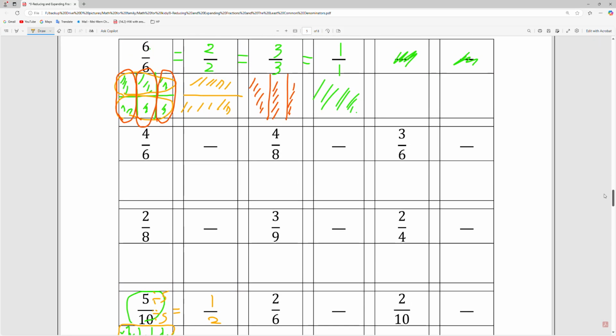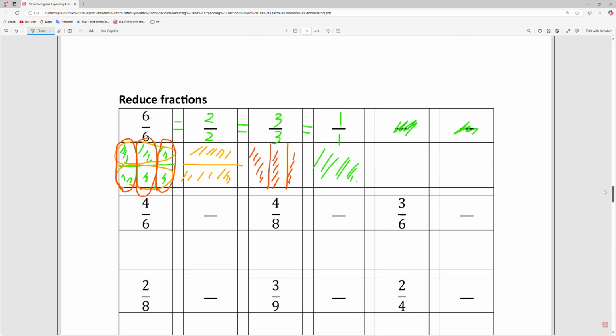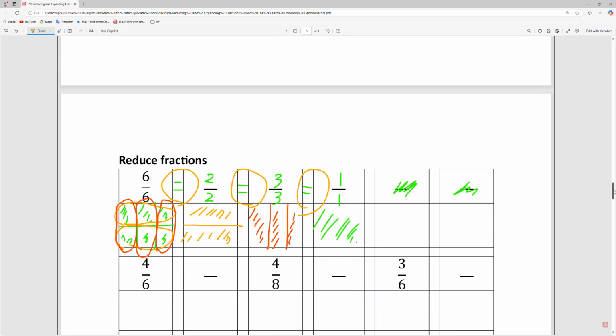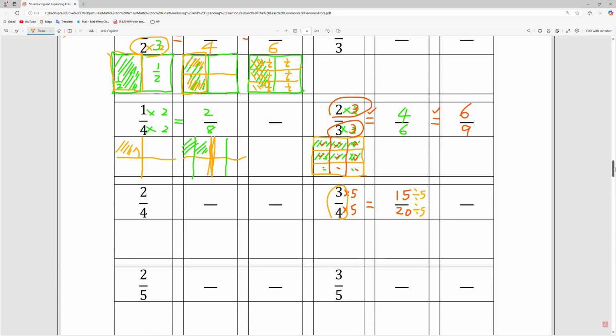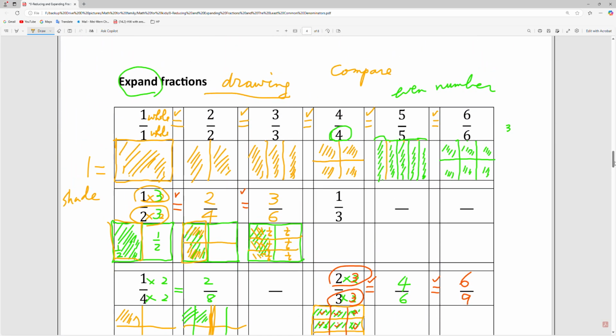So another important thing is you need to make sure you write down the equal sign, and whenever you change the fraction, either by reducing or by expanding, you need to make sure it is equal.